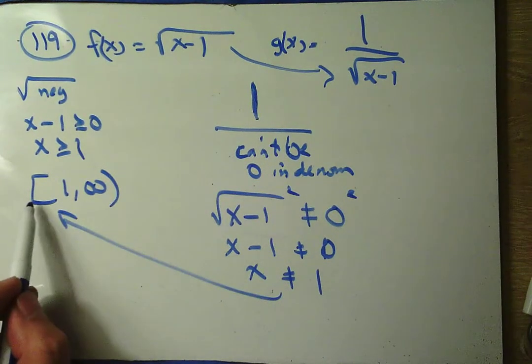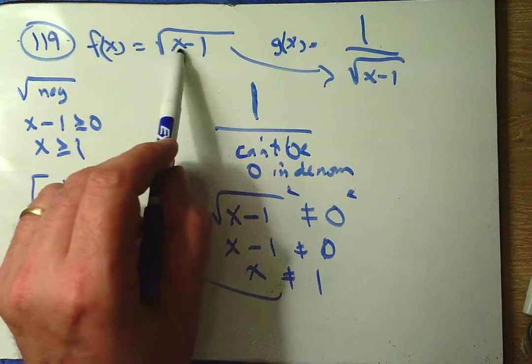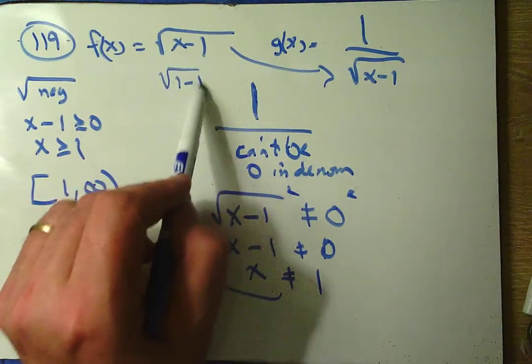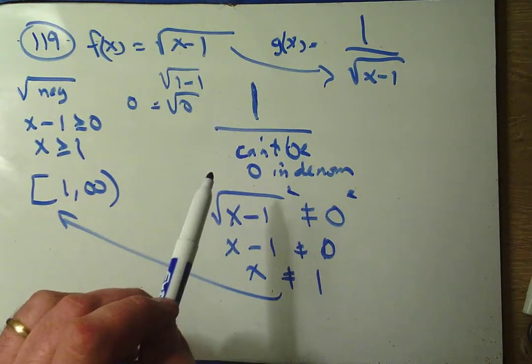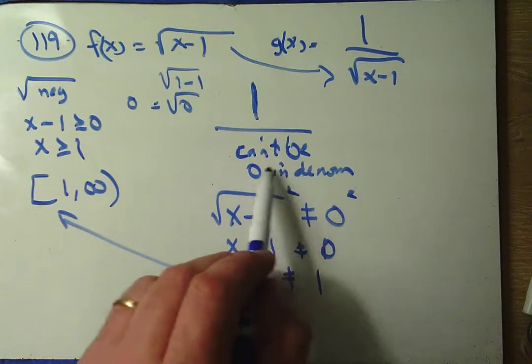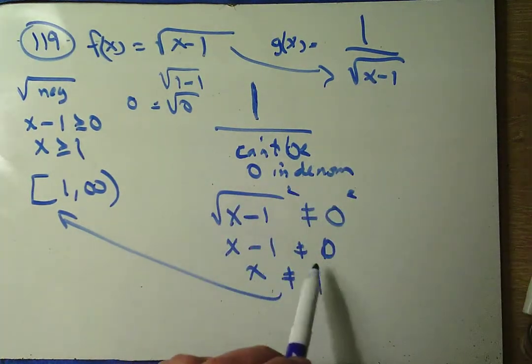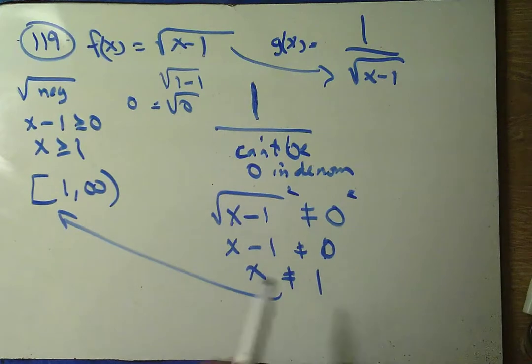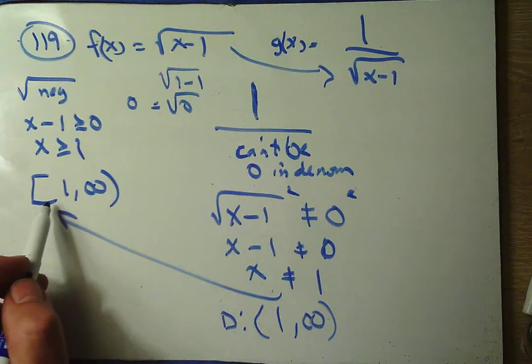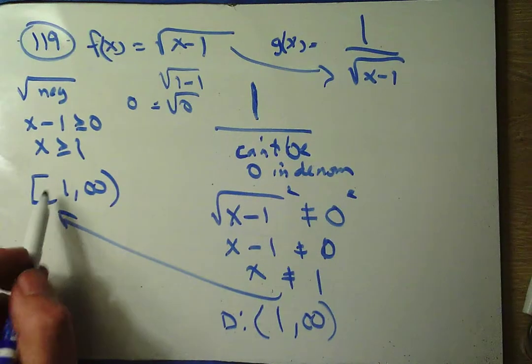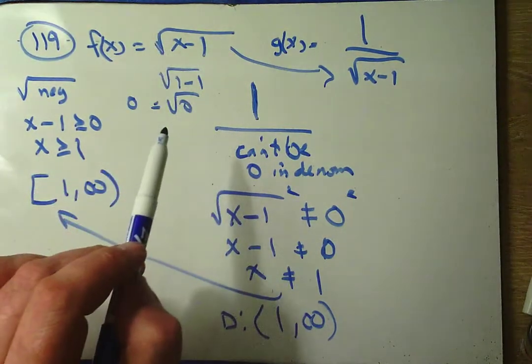Over here, x was okay with being 1. I could take the square root of 1 minus 1, or the square root of 0. The square root of 0 is 0. But here, because I can't have a 0 in the denominator, x can't be 1. And so my domain over here would be parentheses 1 to infinity. 1 is not included. But over here, 1 is included because this radical is not in the denominator.